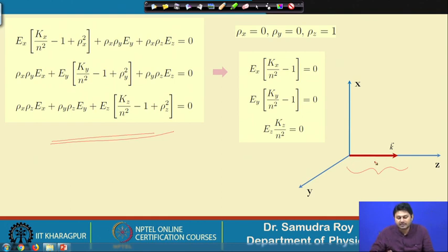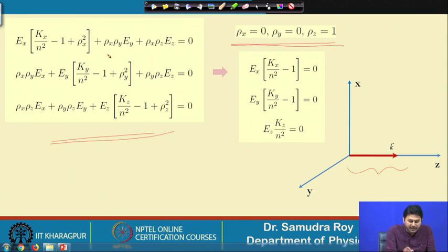If that is the case, then the unit vector, or the direction cosines associated with the k vector, are now rho x, rho y, rho z, and they have values 0, 0, 1, because I am launching k in the z direction. In these three fundamental equations, I am going to put the values rho x, rho y and rho z as 0, 0, 1.